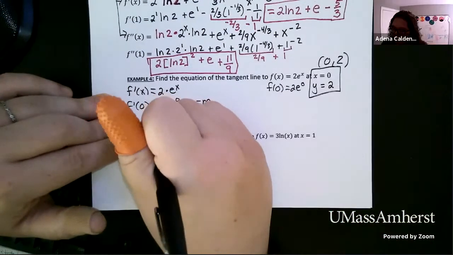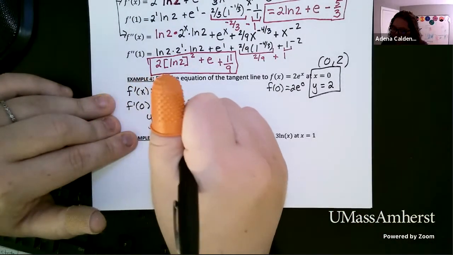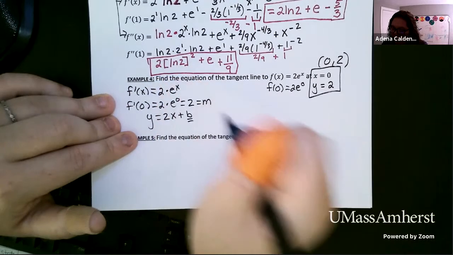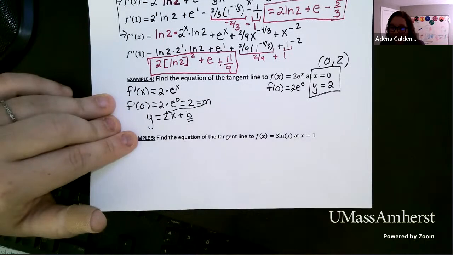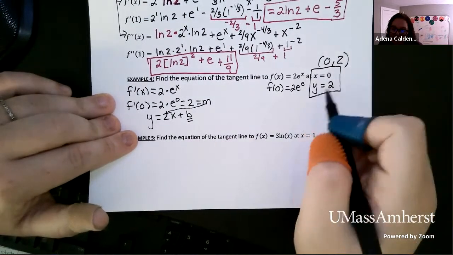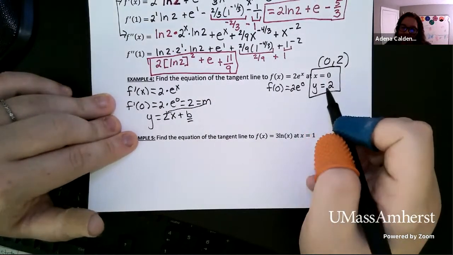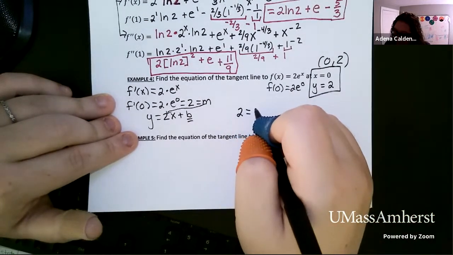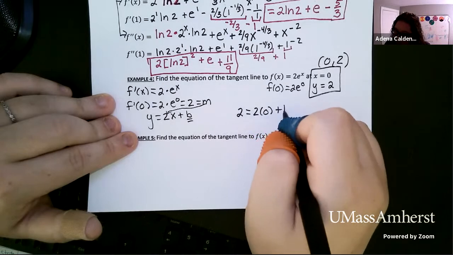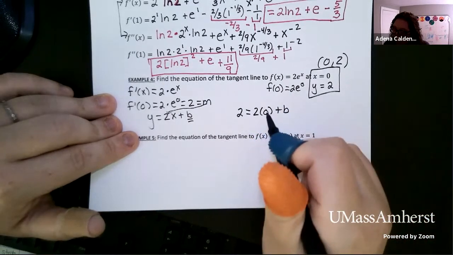So far I have y equals 2x plus b, right? So 2 is from this slope, but I still need to solve for b. So this is where I use my point. I plug in a 0 for x and a 2 for y. So I have 2 equals 2 times 0 plus b. This goes away.